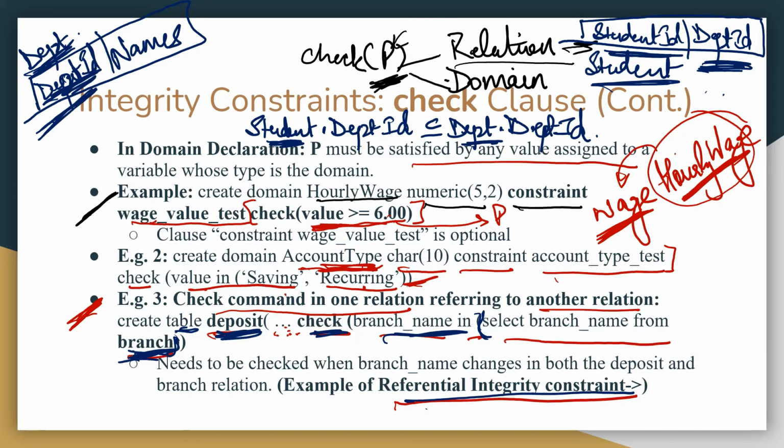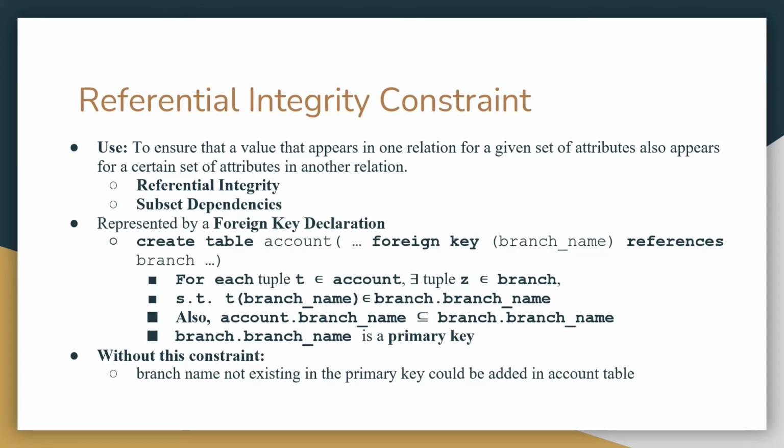Okay, let's move on. So now let's see what is a referential integrity constraint. I already gave the overview. So it is basically used to ensure that a value that appears in one relation for a given set of attributes also appears for a certain set of attributes in another relation.